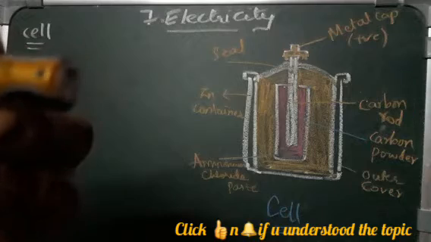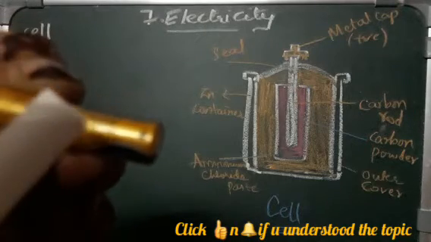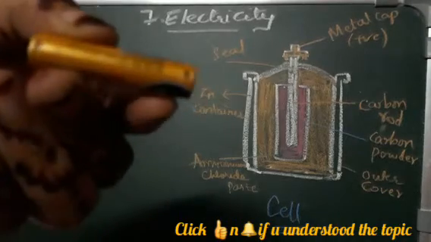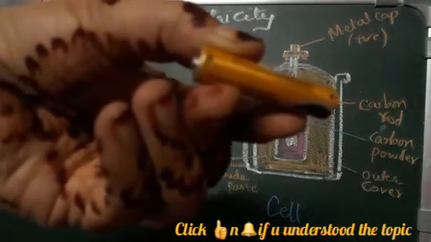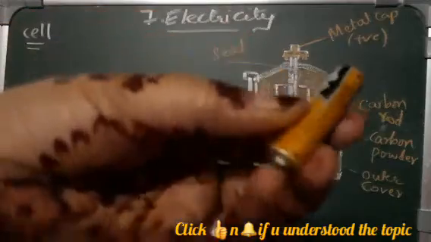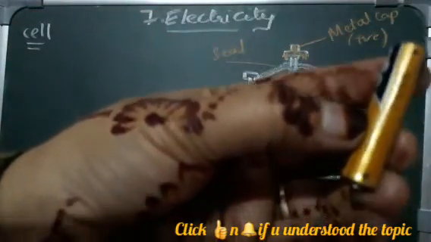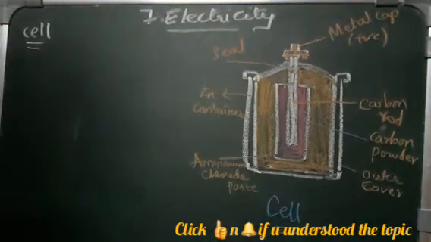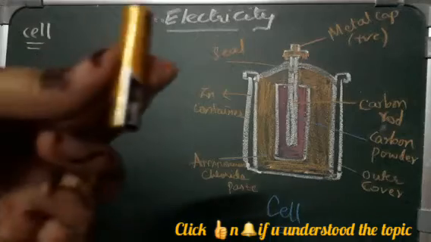Here this is the positive end, and this is the negative terminal. Positive terminal, negative terminal. I hope it is visible. At home also you can see it on your batteries. So we are going to learn, this is called a dry cell.